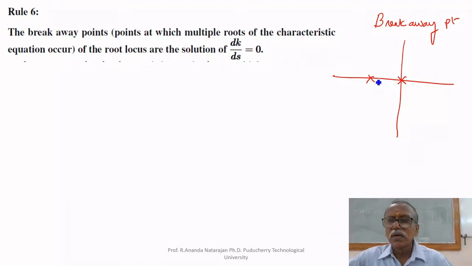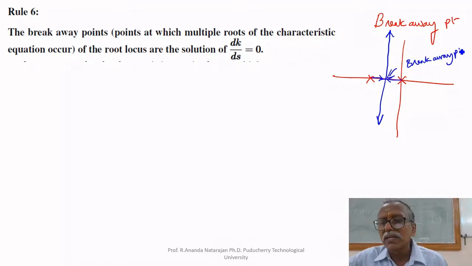Therefore, the root locus comes from this pole this way, and from this pole this way, and both meet at one point. Then they break away, and this goes to infinity and this goes to infinity. A second order system. So this point is called the breakaway point.